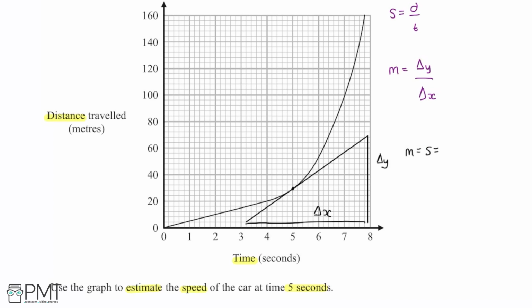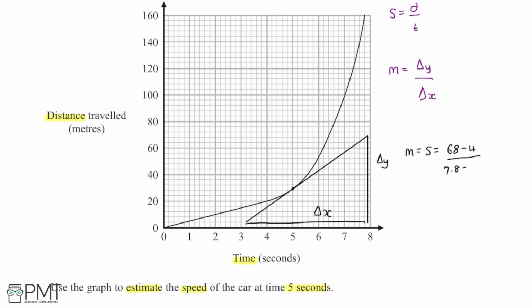We've gone from this value of 68 for the change in y, down to a value here of 4. So 68 minus 4 is the change in y, over the change in x, which here is 7.8.